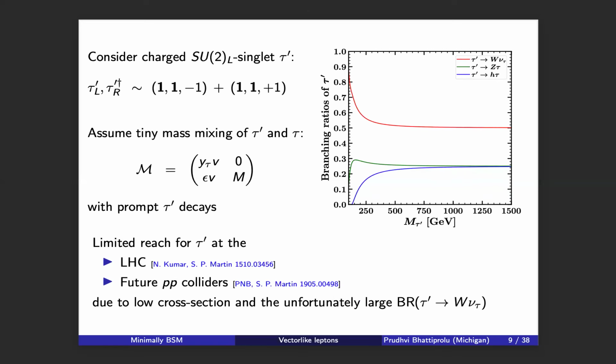So these have limited reach at hadron colliders, and that's because of low pair production cross section and also, unfortunately, large branching fraction to W and missing energy.